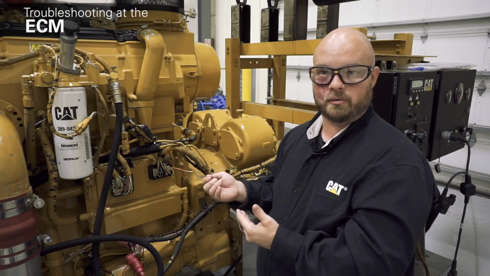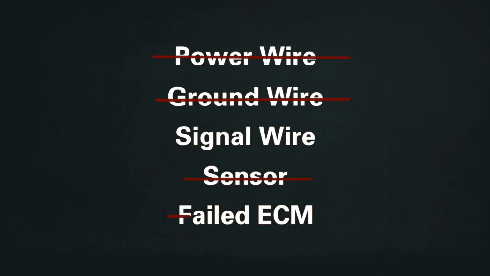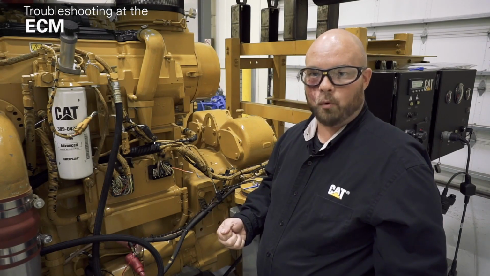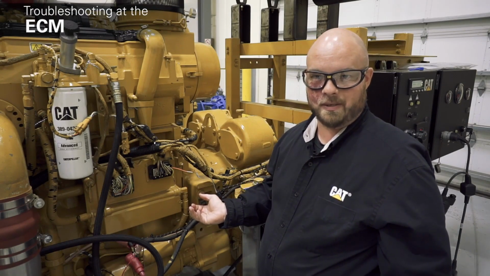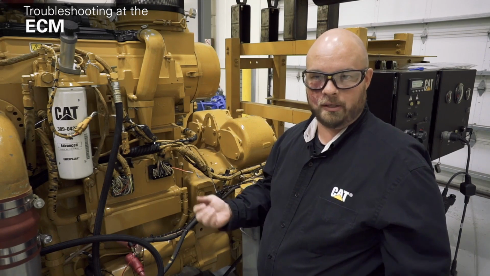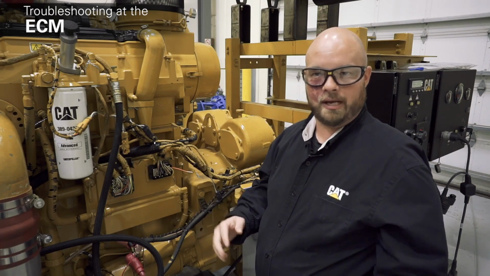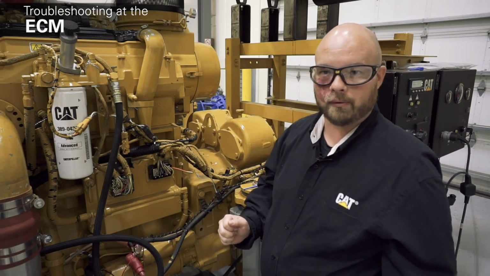If the ECM is doing what I expect it to do, who's left? The signal wire between the ECM and the sensor, that's the only suspect that's left. I could go through and ohm that out, and based on what my troubleshooting has been, I would expect to see an OL, an open line circuit here, and see no resistance on that wire.